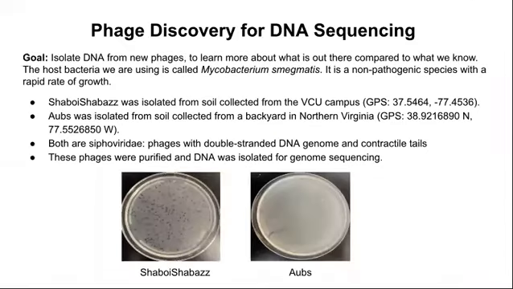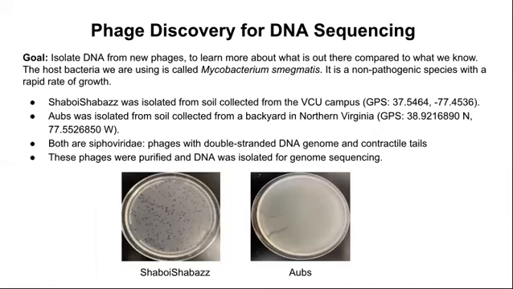Our initial goal was to isolate DNA from phages collected from soil samples. Using the host bacteria called Mycobacterium smegmatis, a non-pathogenic species having a rapid rate of growth, we were able to isolate and purify the DNA from two Mycobacterium phages. ShaboiShabazz was isolated from soil collected directly from the VCU campus.